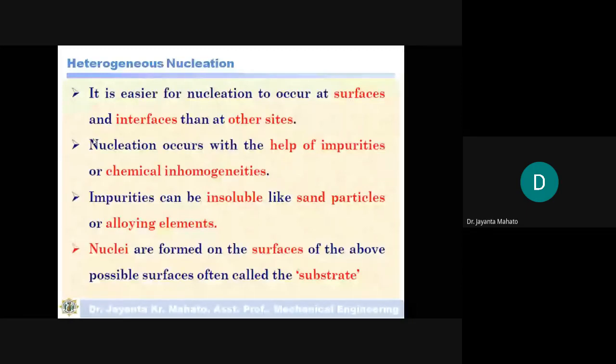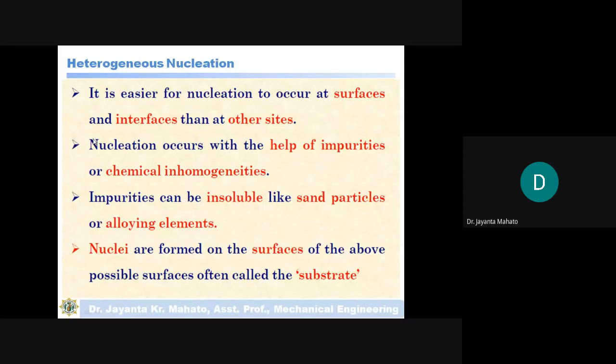In heterogeneous nucleation, nuclei are formed on the surface of some possible surface, often called a substrate. When a nucleus is formed on another surface, it is sometimes called a substrate.